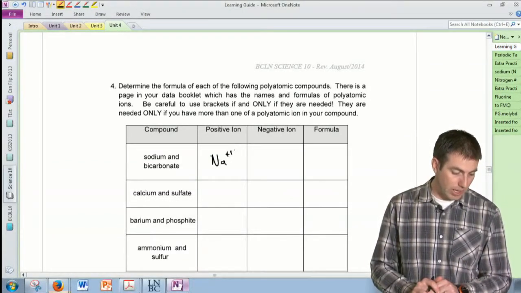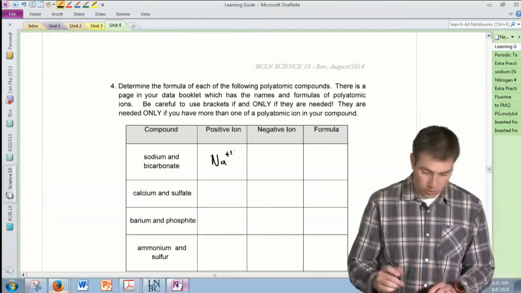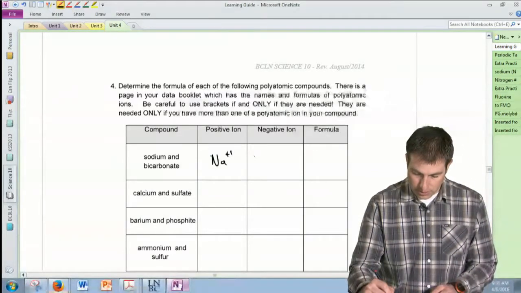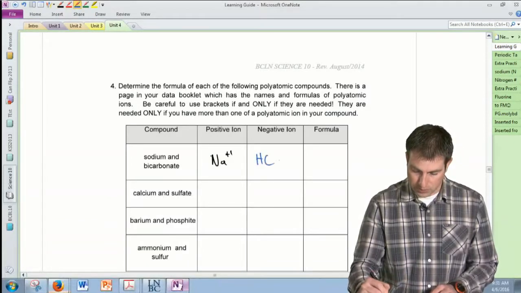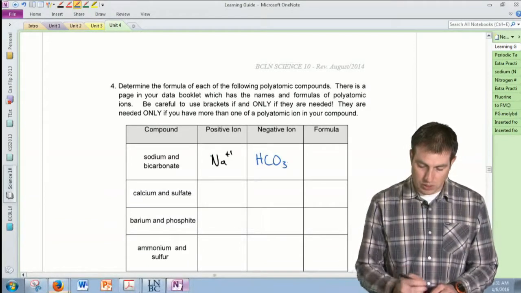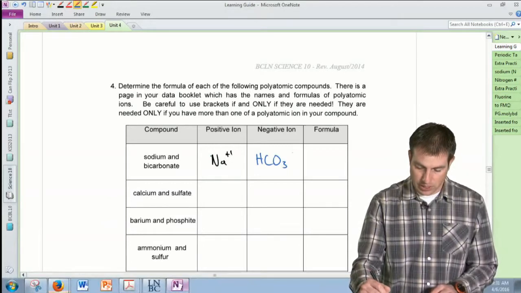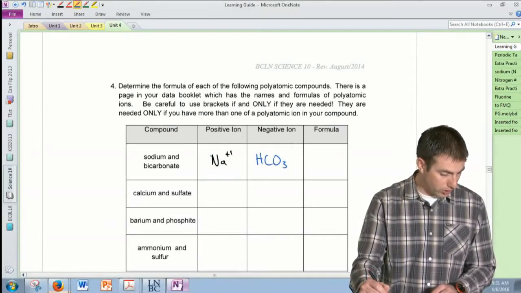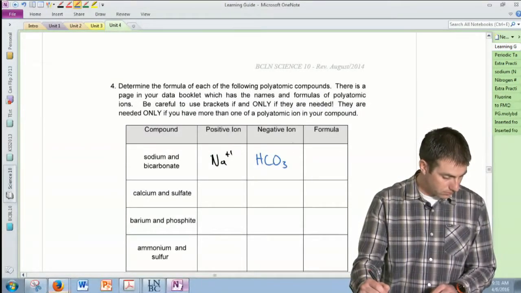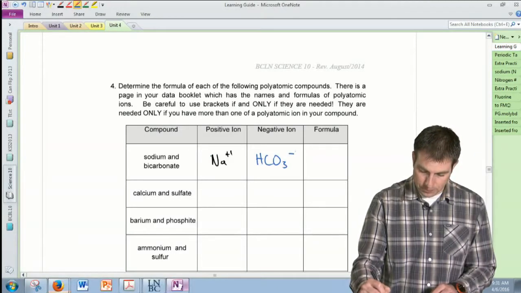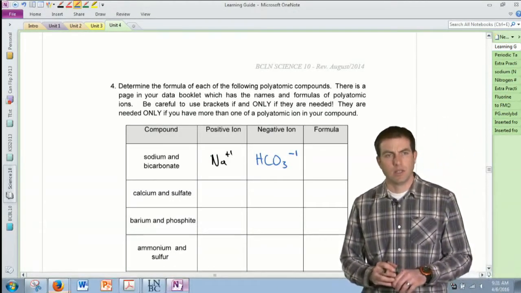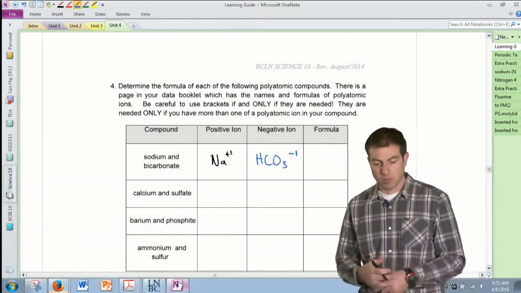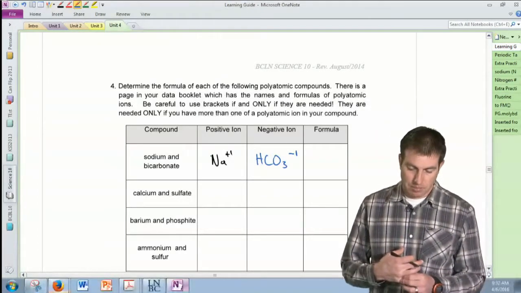It's a polyatomic ion. So bicarbonate is HCO3. Maybe I'll do this guy in a different color for a few of these. And HCO3 lives together happily with a charge of -1. So there you go, sodium, bicarbonate.